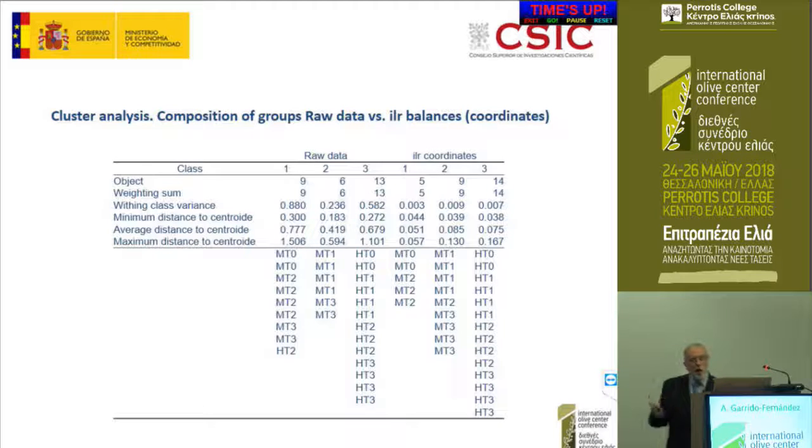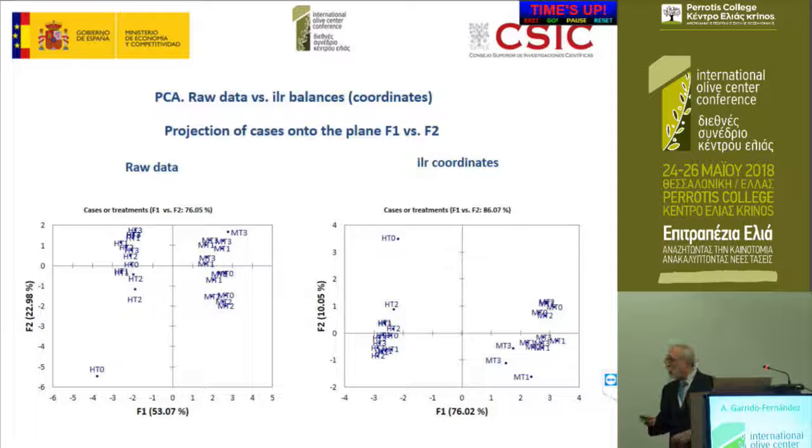Then, in general, in this case, one can say that the result obtained is a little better. With respect to the application of PCA to the two different data, we also obtain similar results, but here you can see that the difference between cultivar is greater than in the case of using raw data.